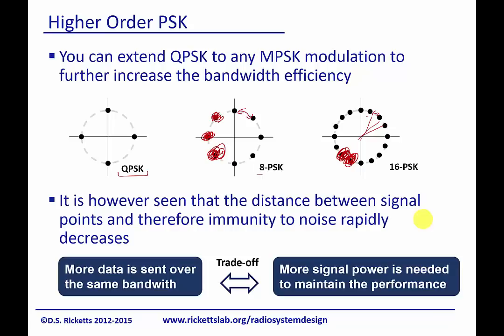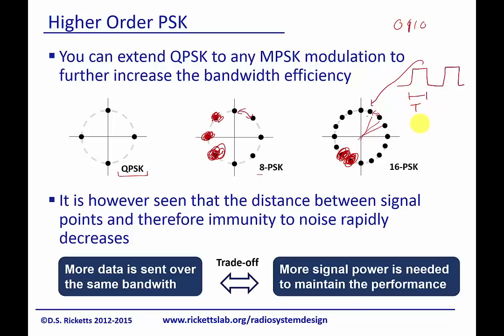One basic way to think about this is that the more data you're trying to send, the more signal power is needed. Remember, the bandwidth of what we're transmitting is always the same, because of the period of our symbol rate. The symbol is one of these dots, and here in 16 PSK it is going to be something like 0110, four digits to give us a total of 16 possible points.